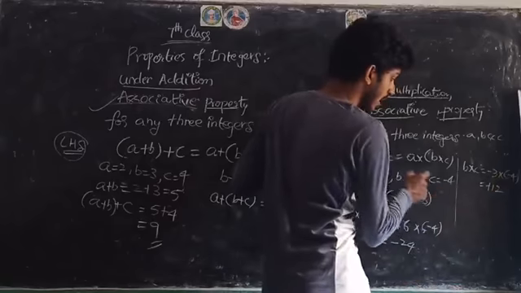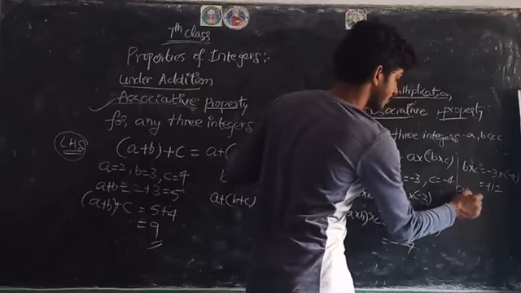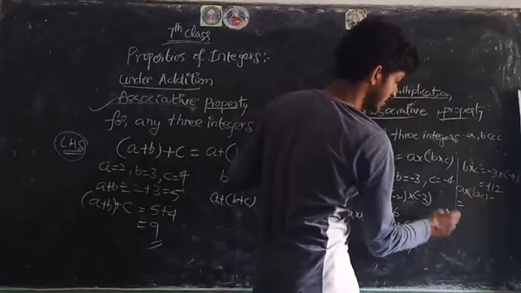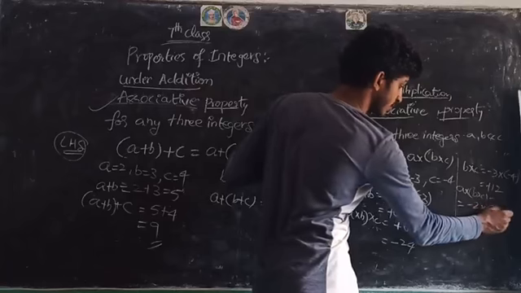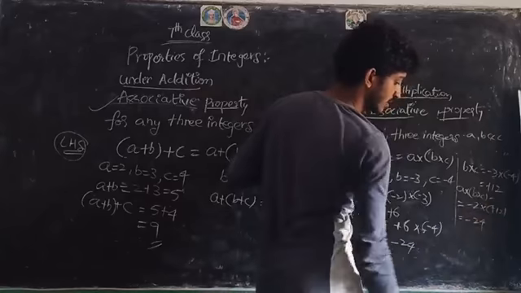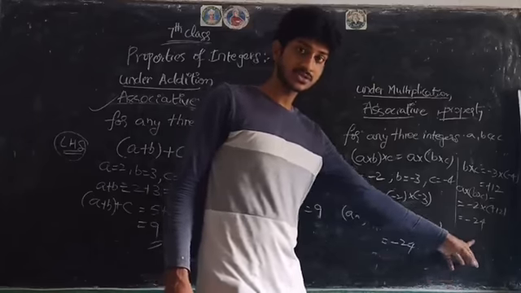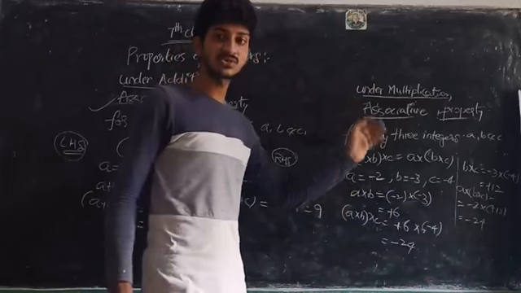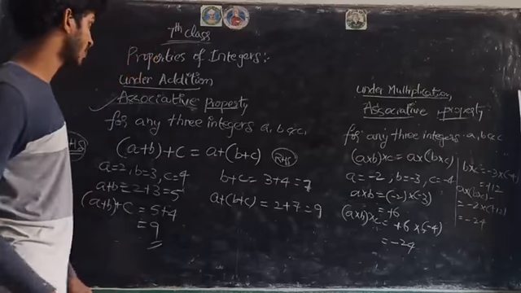Okay children, and I am multiplying this answer with a, that is -2 into plus 12. Minus into plus is minus, 2 twelves are 24. Here LHS is equal to -24 and RHS is equal to -24. Both the answers are the same, so it satisfies the associative property under multiplication. Okay, I am going to the next property now.